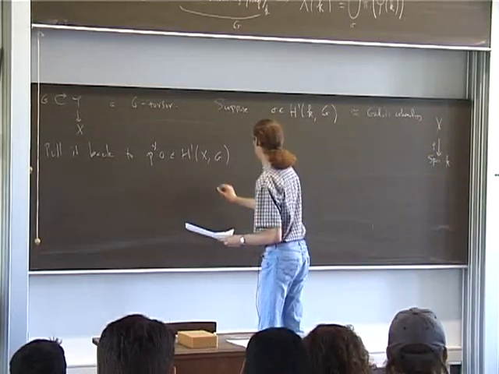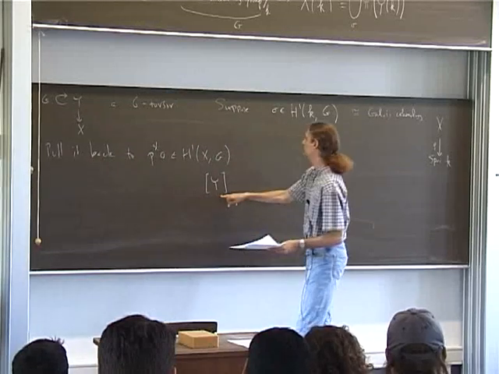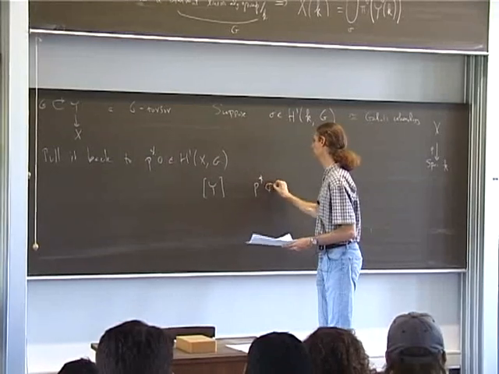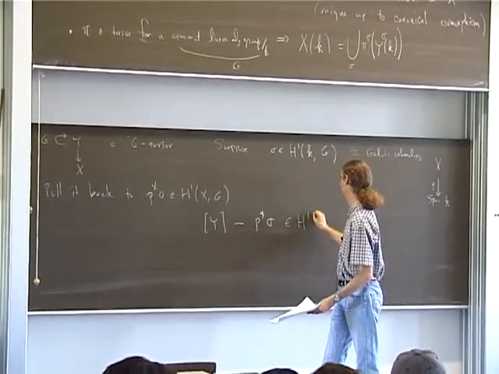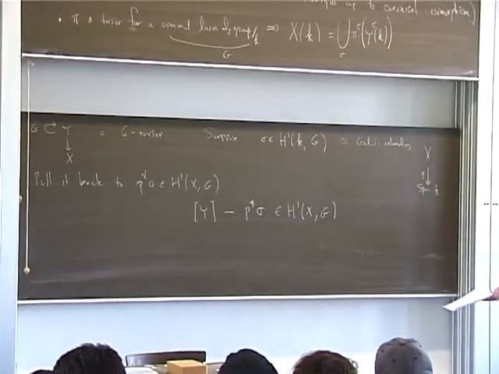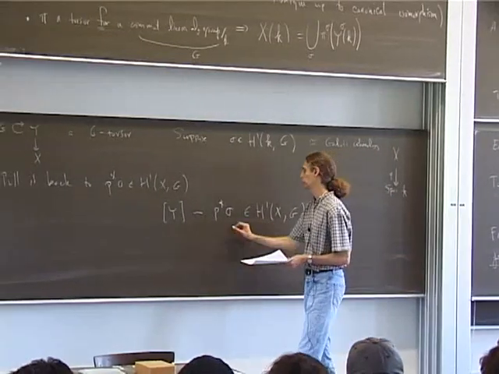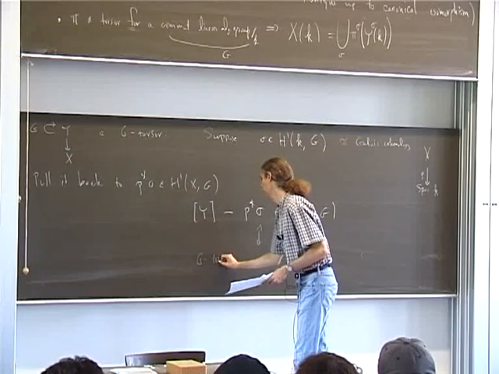Maybe instead of adding, I'll subtract. So take Y, whose class is in H1(X, G). P*sigma is also in H1(X, G), so their difference is in H1(X, G). Since G is commutative, this is a group, and so we have an element of this group which corresponds to some G-torsor.